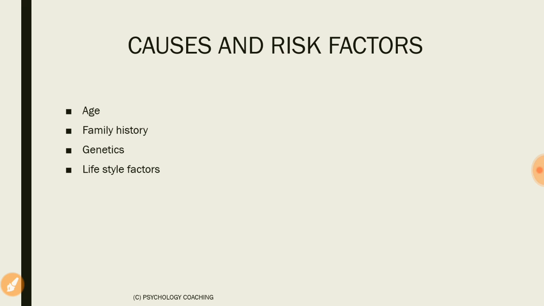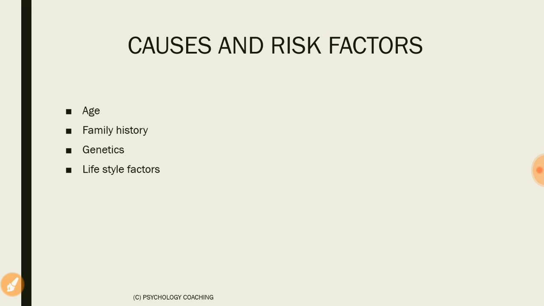Now, what are the different causal factors and the risk factors that can cause this disease? First is the age. Obviously, as I've already quoted, the maximum people having this Alzheimer's disease are 65 years or older. So your age is one of the factors of having Alzheimer's disease.